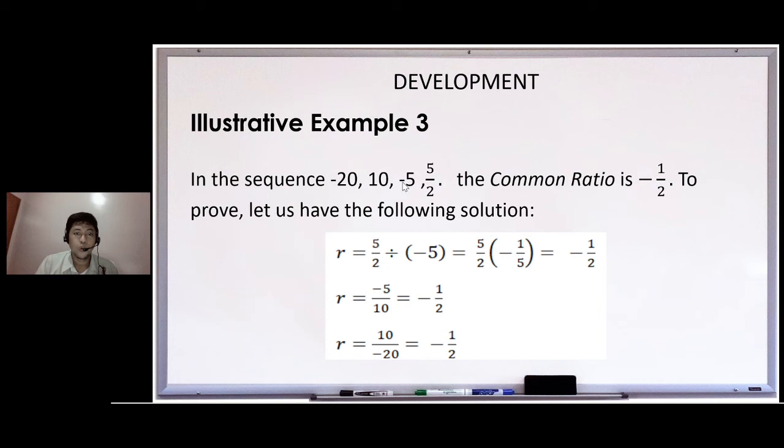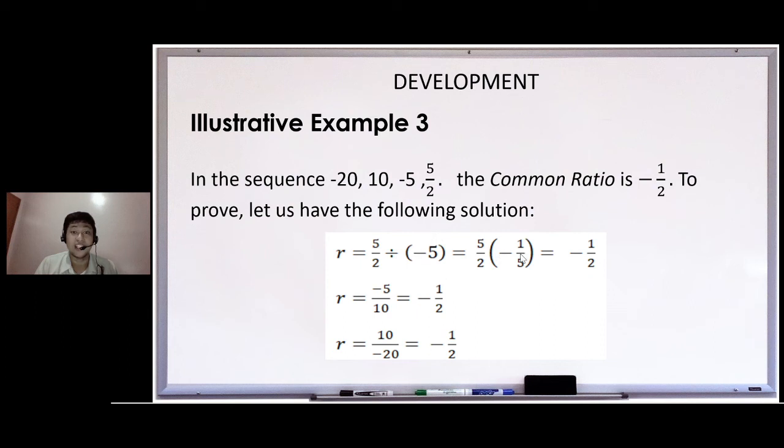Next, what is negative 5 divided by 10? This is the same as the first ratio. This is dividing unlike signed integers, so the answer is negative. 5 and 10 can be divided by 5, right? So 5 divided by 5 is 1, 10 divided by 5 is 2. So the ratio here is negative 1 half. Lastly, what is 5 halves divided by negative 5? To simplify this, we can reciprocate this divisor negative 5.